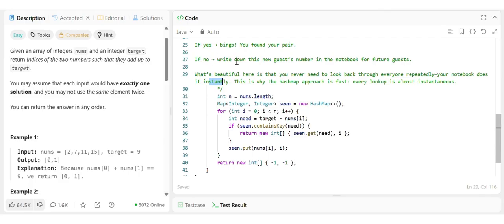If that need is actually present in your notebook, seen.containsKey(need), then just return an array which contains the position of the person you are currently meeting and the position of the person who had need. That is why the HashMap approach is fast. Every lookup is almost instantaneous.